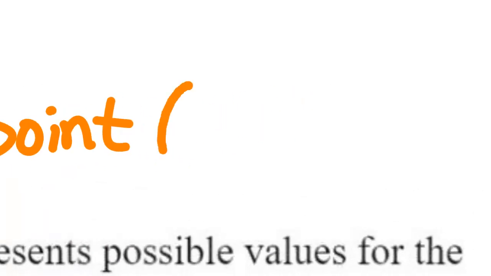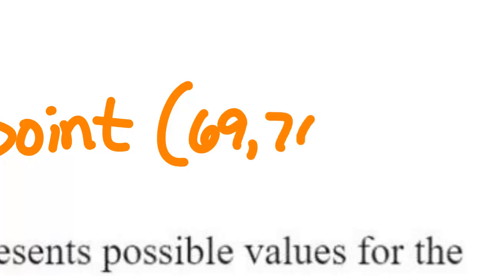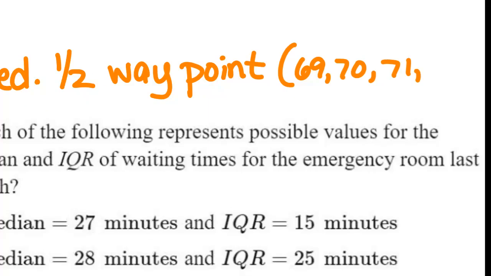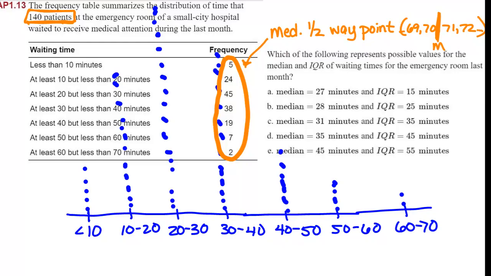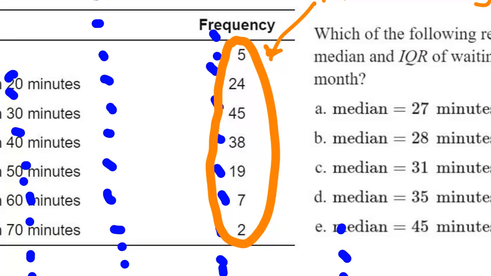So it's going to be, median is going to be right in here. So I need to figure out where the split between the 70th and 71st person is. So if I do 45 plus 24 plus 5.